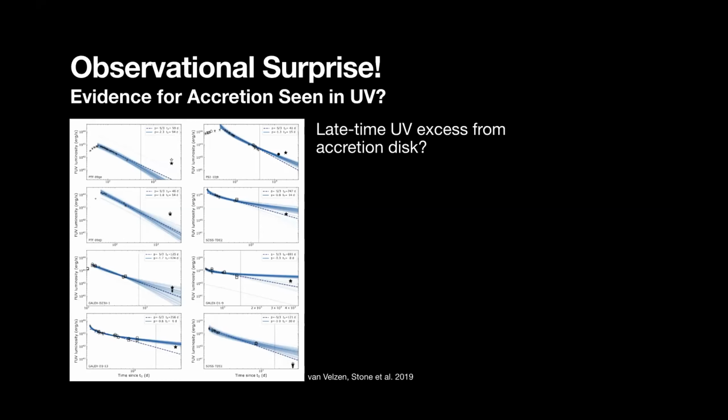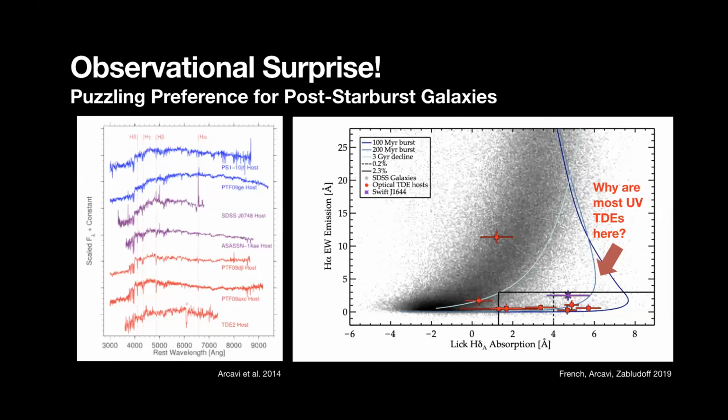Okay, so I think I have just one more slide that's not UV related, but is a mystery that finding more events, which Ultrasat will be good for, might help solve. Nick mentioned this briefly, that when you look at TDE host galaxies, most of them are concentrated in this corner of phase space, which I won't go into the details of, but the gray area is where galaxies generally are, and the red points are where TDEs are, and you don't need to understand what the axes are to see that there's something weird going on here.